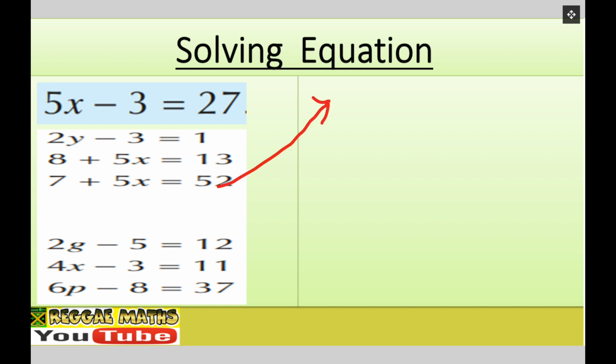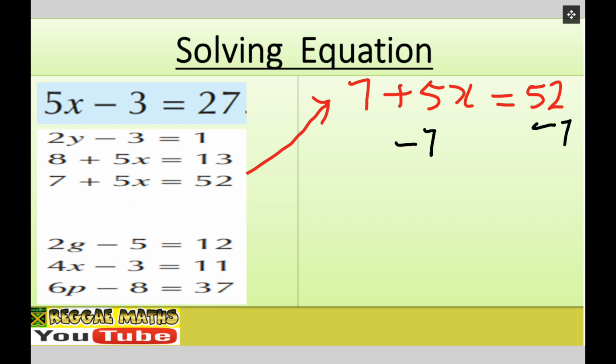Next question, you have 7 plus 5x equals 52. Take 7 from both sides.